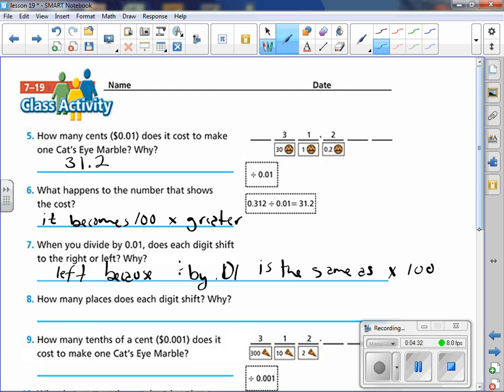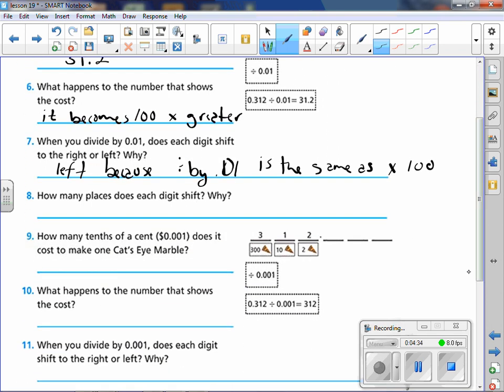How many places does each digit shift and why? 2 places, because the place value changes by 100.